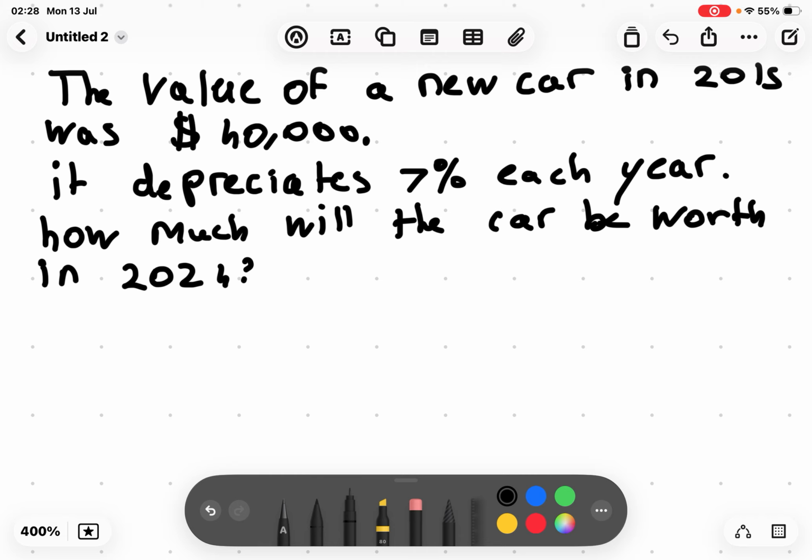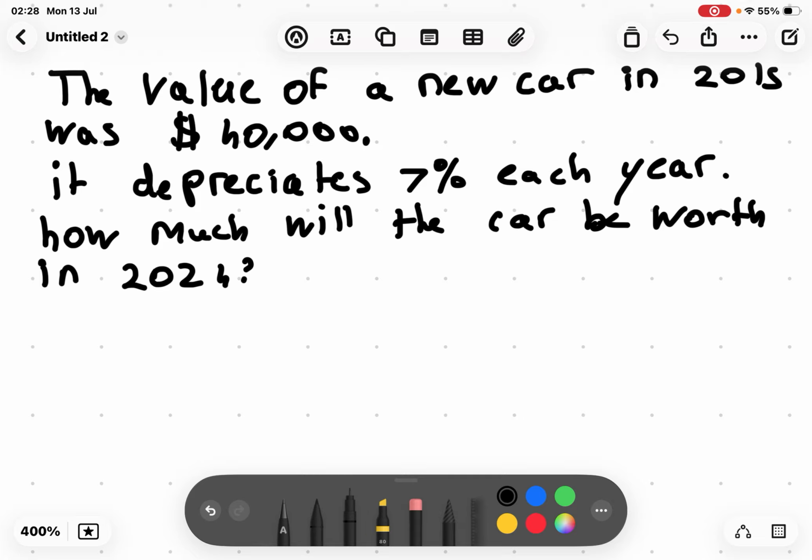So right now we're basically decreasing. So the formula is going to be similar but different. Sorry, just a bit sleepy.